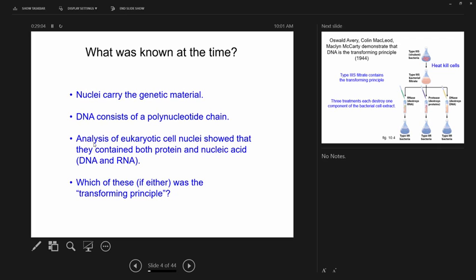Proteins are composed of amino acids that are linked together with peptide bonds. It was also known that there were 4 bases that are commonly found in DNA, and there are 20 that are found in proteins.